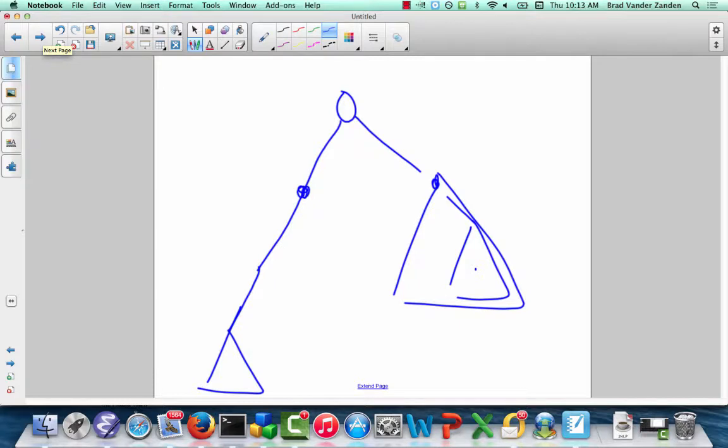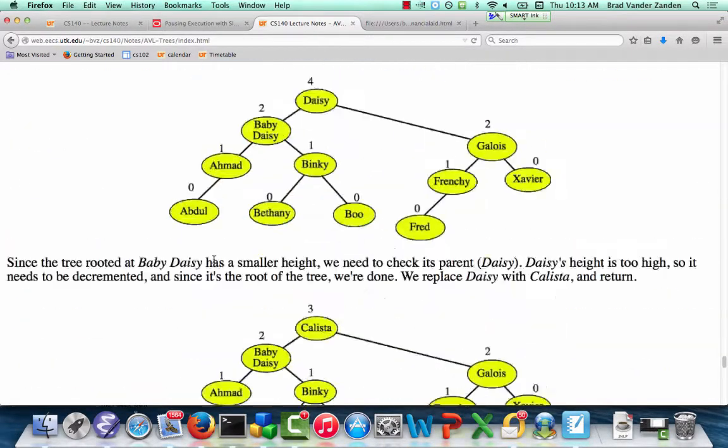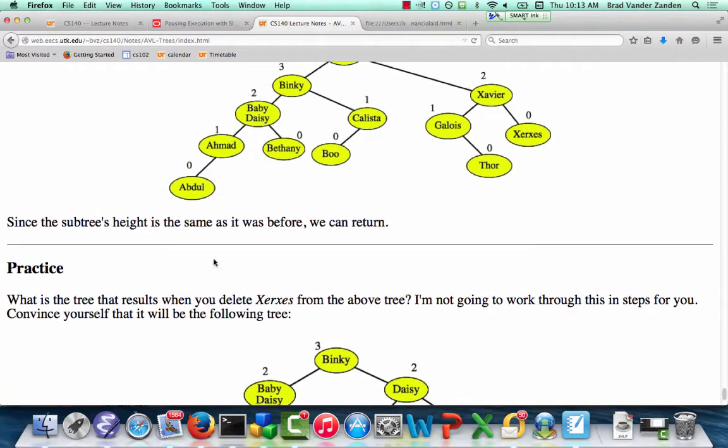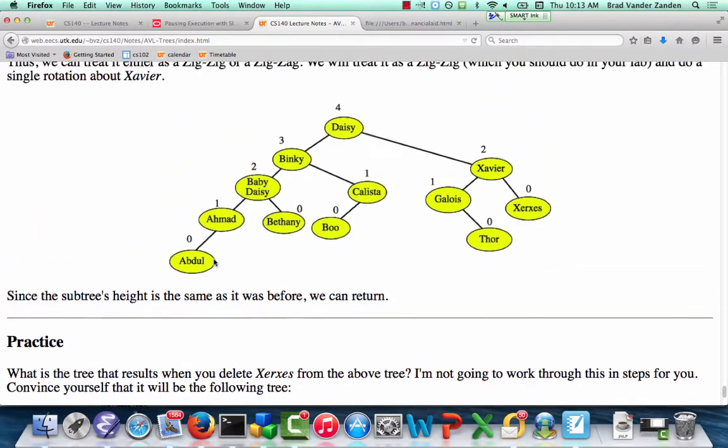In fact, Dr. Planck has an example at the very end where you delete Xerxes from this tree. So go ahead and do that right now, and you're going to find that you actually need to do 2 different rebalancings.